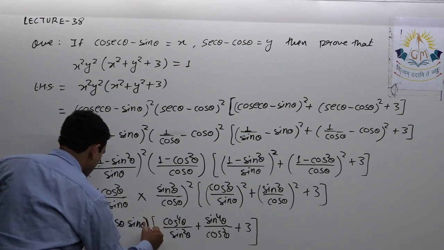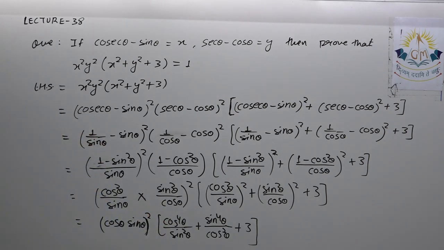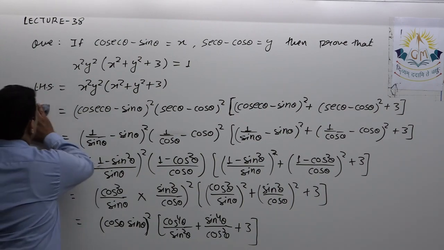Cos theta upon sin theta whole square, not the upon. Now let us see how to solve it further.